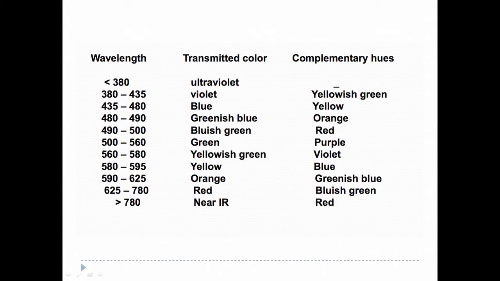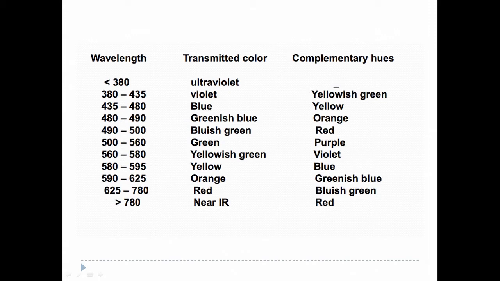For example, from 380 to 435, if an energy of radiation contains wavelengths between 380 to 435, it will transmit violet light, and what you will actually be seeing would be yellowish green. That means what is transmitted, the remaining is absorbed. So, what it absorbs is the color we see, that is what we write as complementary hues.